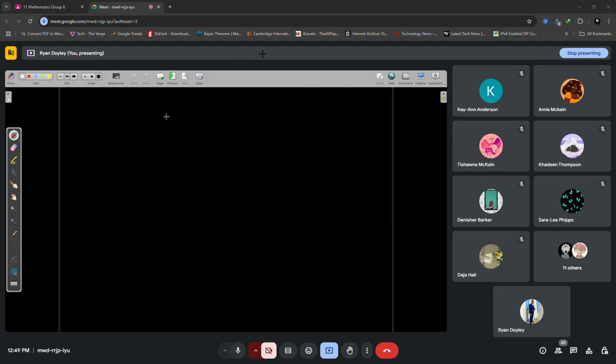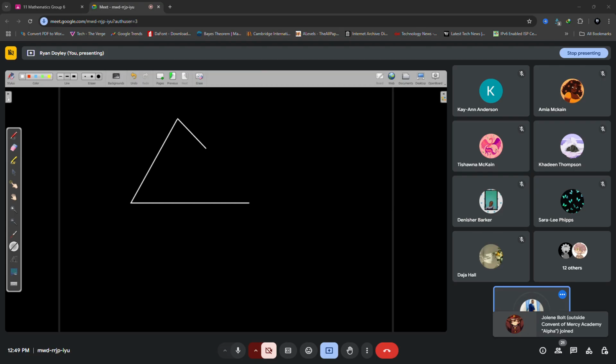So let's look at if we're given two sides and our included angle. Alright, so we have our triangle here, A, B, C. And if they gave us side A and side B, and they tell us that angle C here measures 30 degrees, and they want us to find side C. This is the unknown.